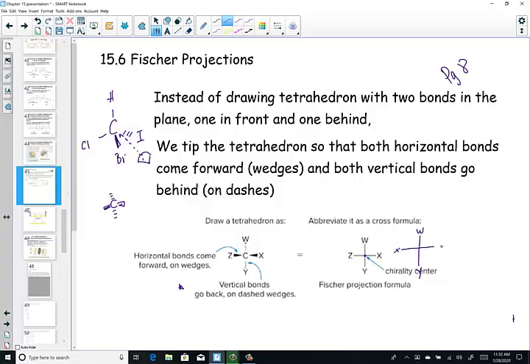The mirror image would just switch the X and the Z position. Here is the mirror image for the enantiomers of that cross formula. So a much quicker process if we can take that step in envisioning looking at the chiral center so that two of the four atoms are coming out of the page hugging you, tucking away the other two attachments up and down.